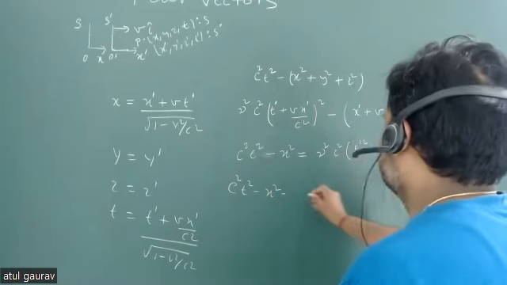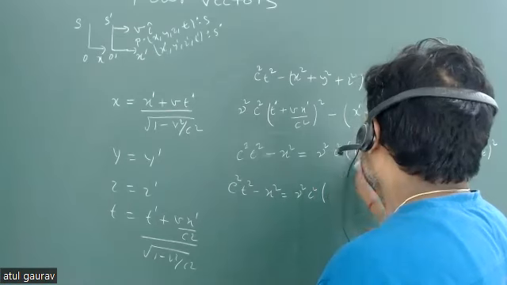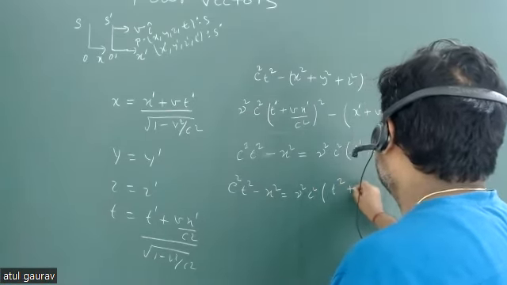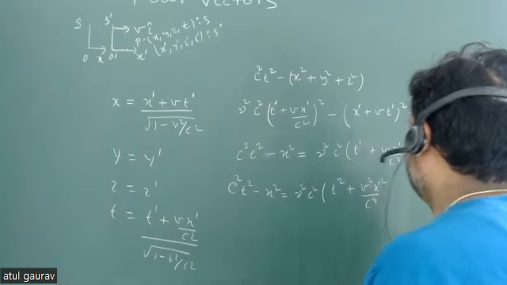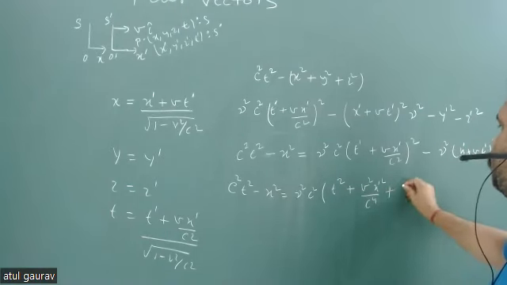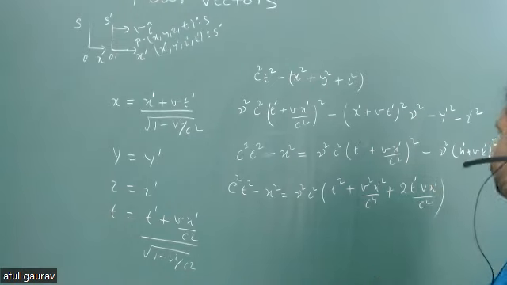Let's do this whole square term. This is equal to gamma square c square, this is t dash, so you have t dash square plus v square x dash square over c to the power 4, plus the cross term, that is 2 t dash into v x dash upon c square.